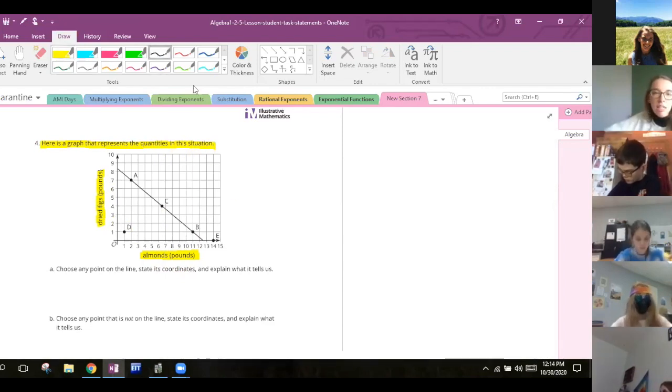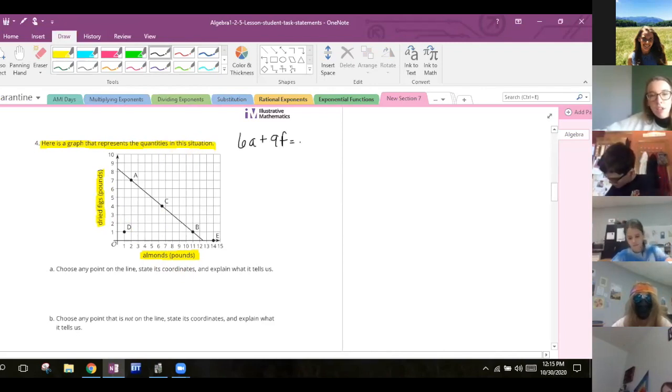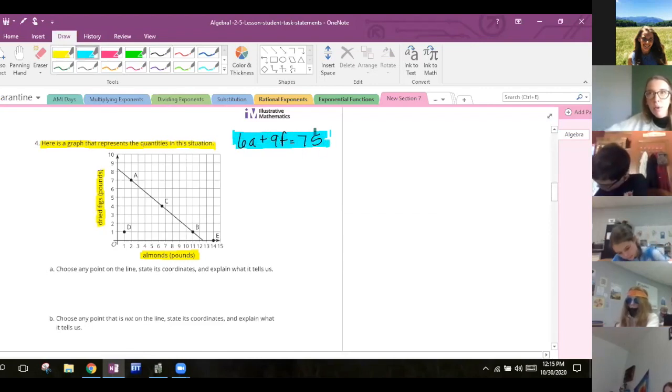It represents that situation we just talked about, that 6A plus 9F equals 75. So just to be clear, this equation that I'm highlighting in blue that we just came up with is represented by this line right here.